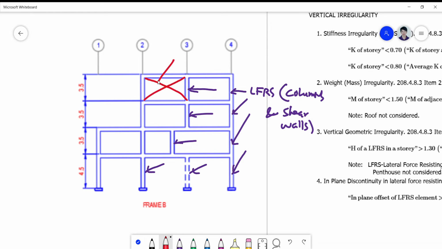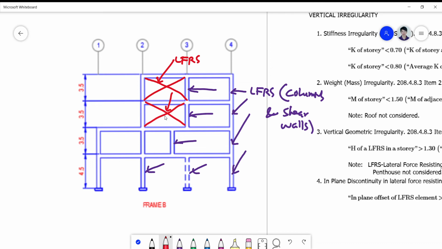So this brace here can be a part of your lateral force resisting system. Okay, and so on and so forth. So there are a lot of elements that you can add into the LFRS, but basically we have to bear in mind that for simple structures, we only have the columns and the shear walls to contribute to the resistance of your frame directly against the forces of earthquake.